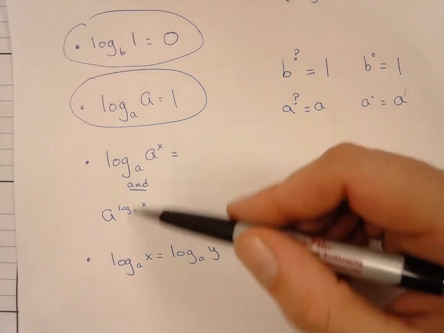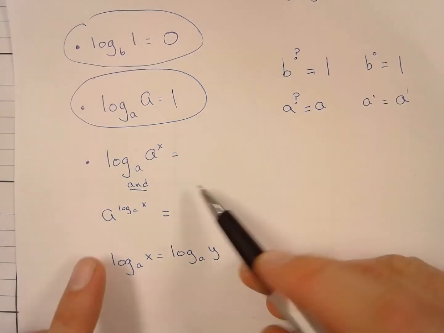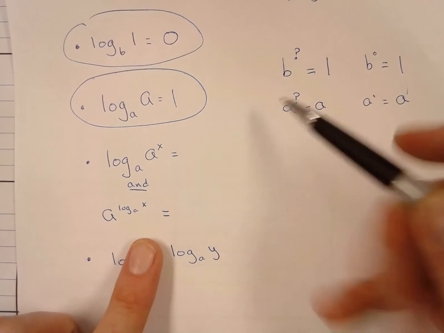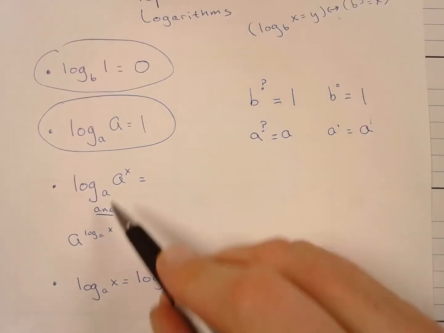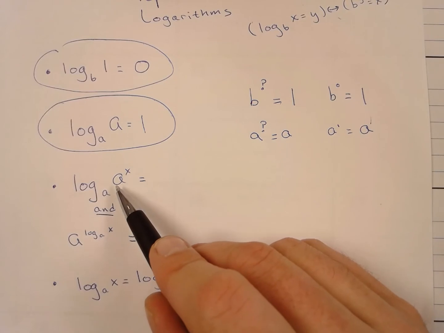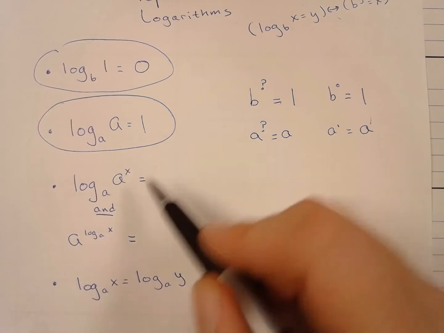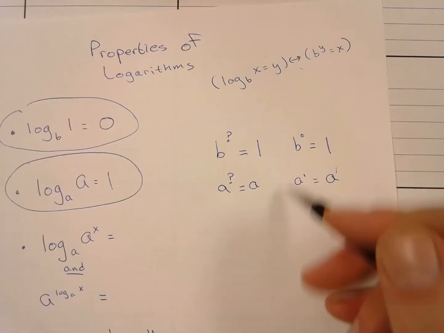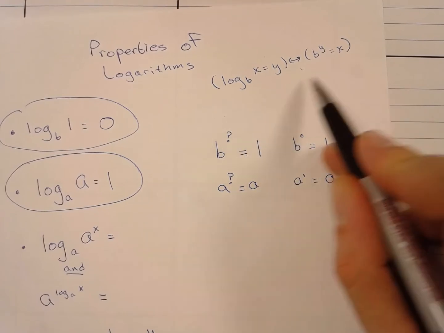Both of these are effectively going to be equivalent. They look a little different, but we're going to get the same result. Here I have log base some number a of that same number a raised to the power x. So we'll consider this definition again.